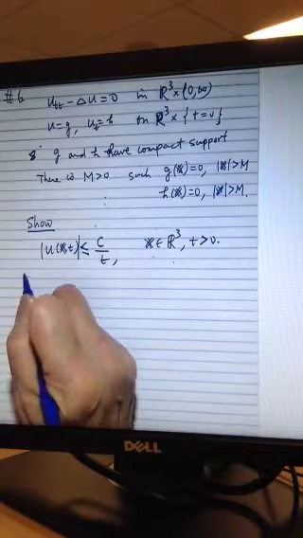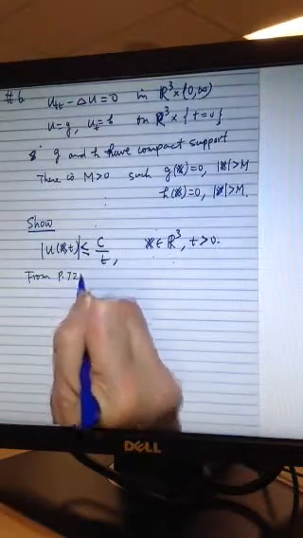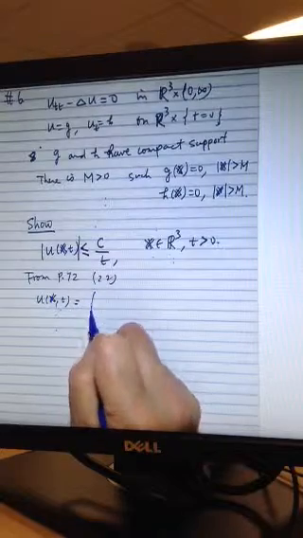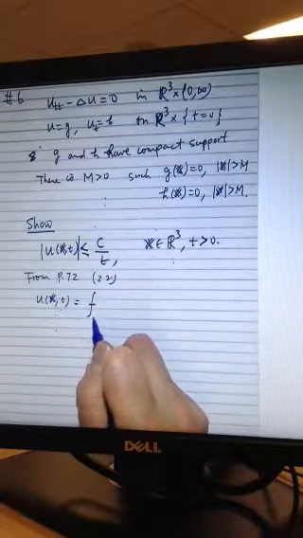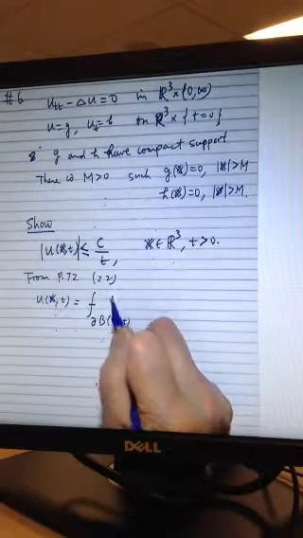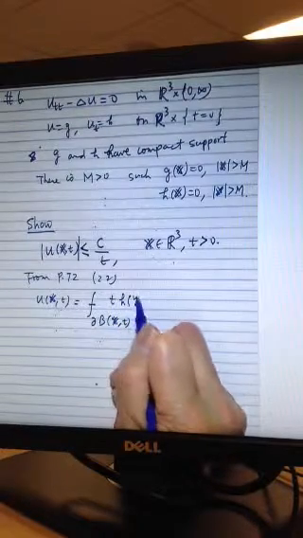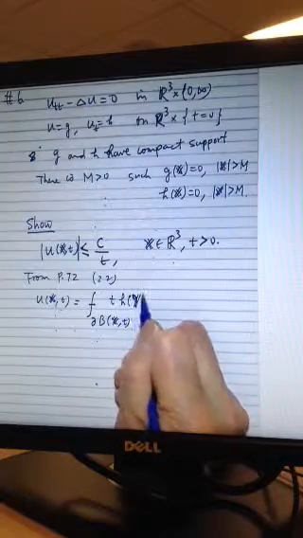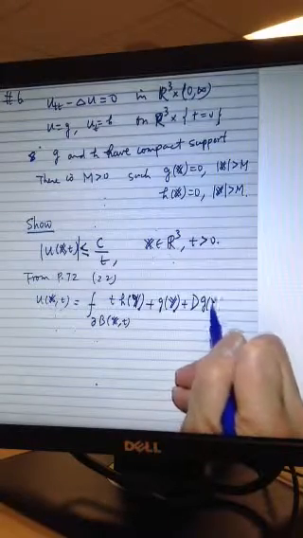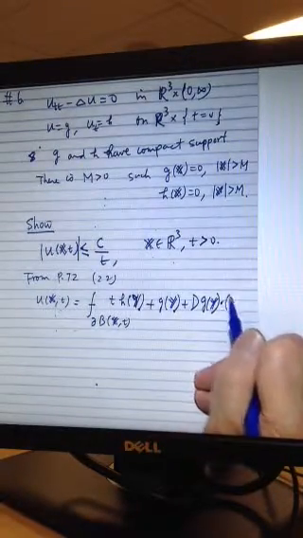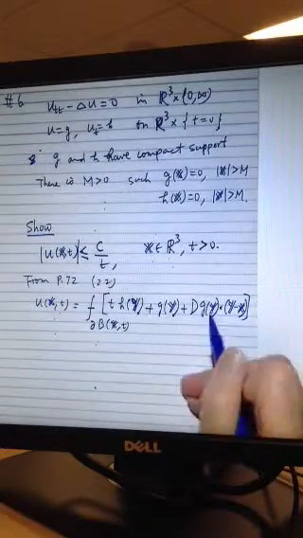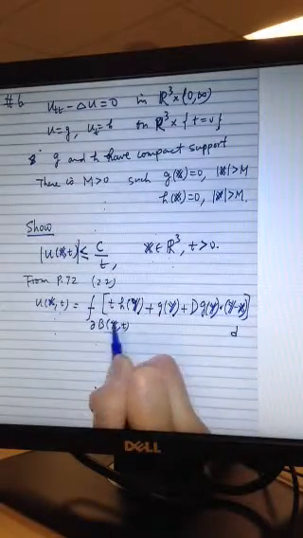So from page 72, formula 22, u of x,t is equal to, now this bar here means average, this means boundary, of the ball at x,t, t h of y, plus g of y, plus Dg(y) dot (y minus x), and this is the function you are going to integrate, but you integrate on the boundary of this ball.